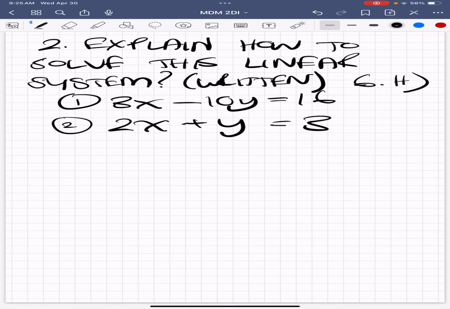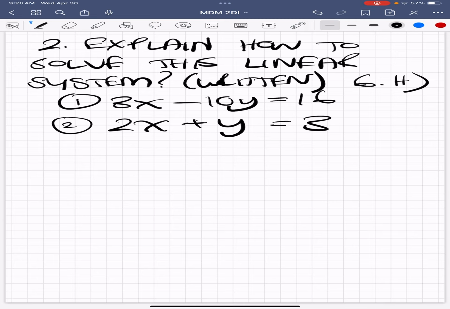So, explain how to solve this linear system, written. This is question 6, H, and we are going to solve this and write it out. So we have a linear system of equations, and we need to have the coefficients of x match each other so we can solve for the value of y, or the y-coordinate of the POI.